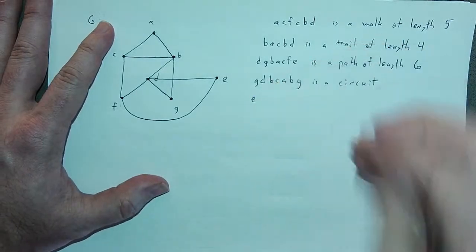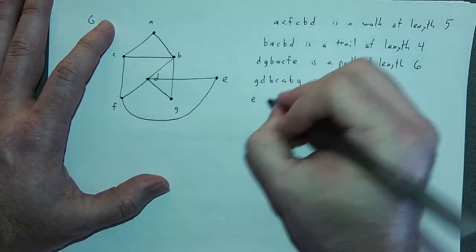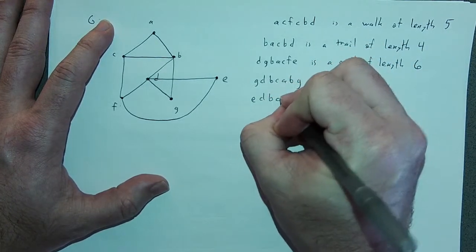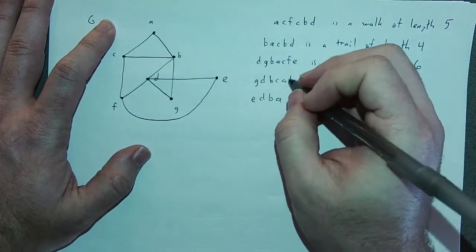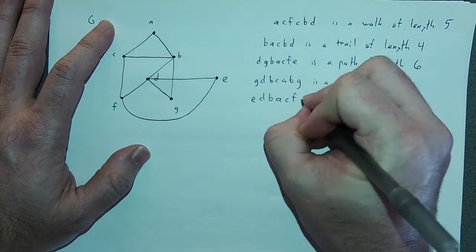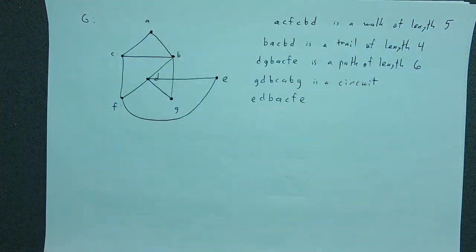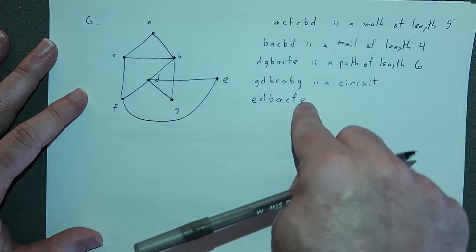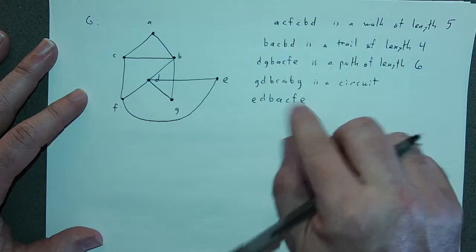Let's look at E, D, B, A, C, F, E. Now, again, you may look at this and say, well, there's repetition of the E, so it can't be a path.